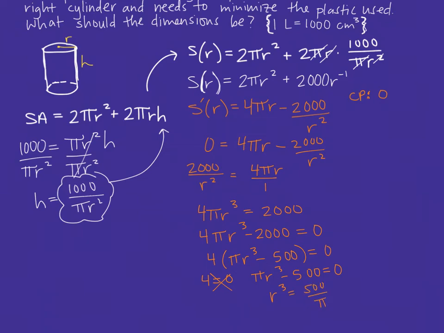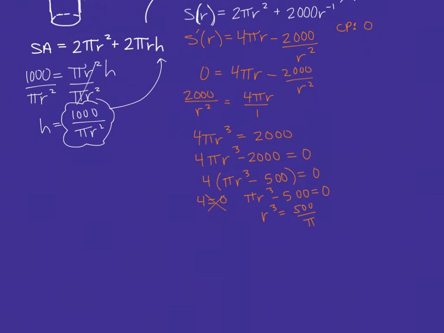And then we'll have to take the cube root. Now clearly this answer is going to be some crazy decimal, so we should definitely use our calculator. Taking the cube root of both sides looks like this. So we end up with r is approximately 5.41. Now we don't need a plus or minus because we're taking an odd root.